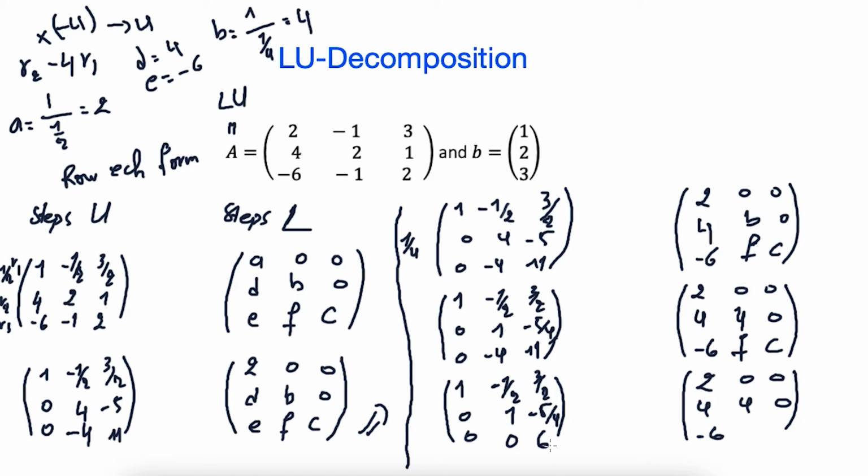So this matrix is now 2, 0, 0, 4, 4, 0, -6, and here F will take the negative, which is -4, and we will still want to get C. So to get C here, we will just divide this row by 6, we multiply it by 1 over 6, and once we multiply it by 1 over 6, it will be 0, 0, and 6 becomes 1.